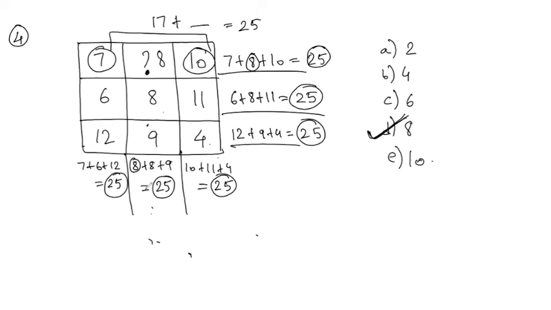Some relation will definitely be there. Either all the sums are the same numbers, or if not, you might have some other relation too. Using that relation, you will have to find out what comes in the question mark place.